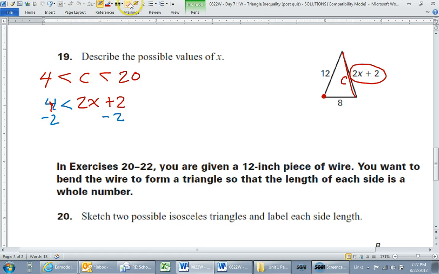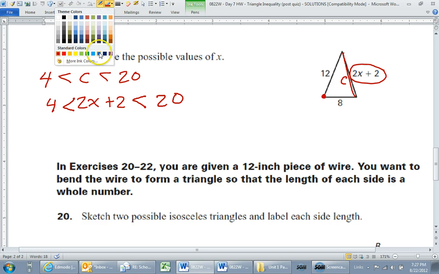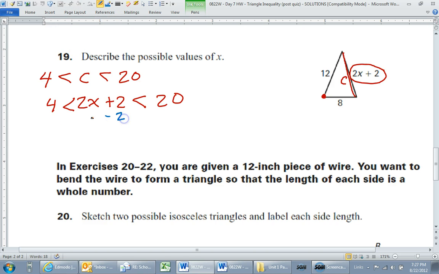Let me put this back. So this is what I actually have at this point. I have 4 is less than 2x plus 2, which is less than 20. If I want to get x by itself, no matter how I do it, I'm going to have to subtract 2. But I might as well do it on all three parts like this. Minus 2, minus 2, minus 2.